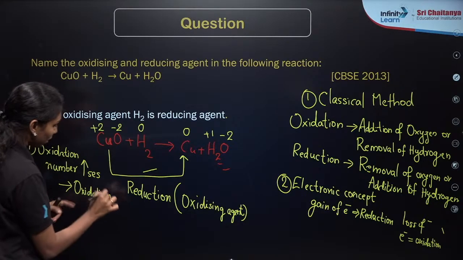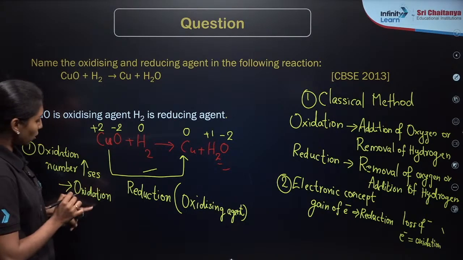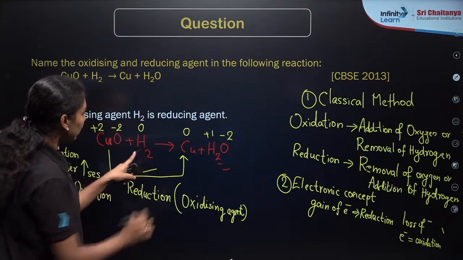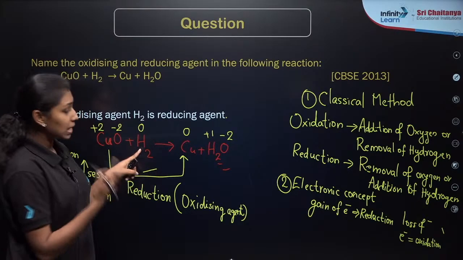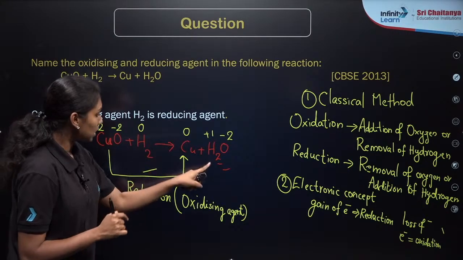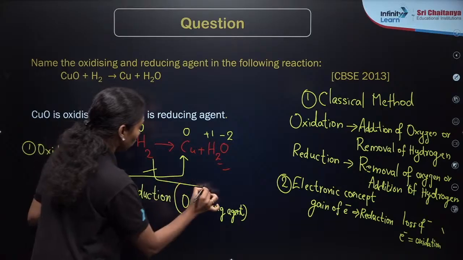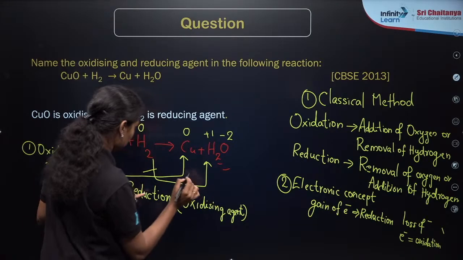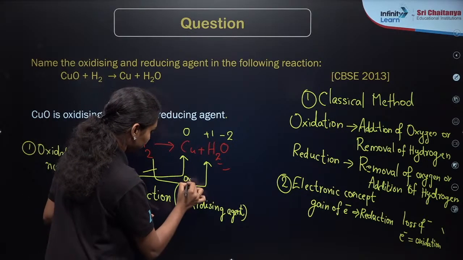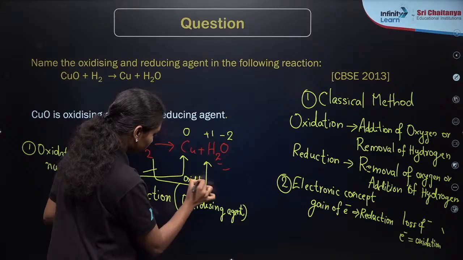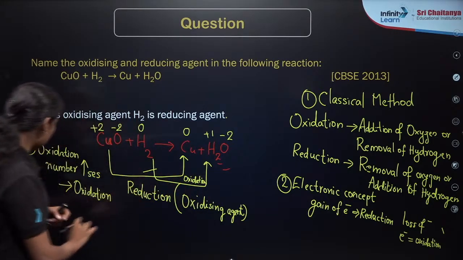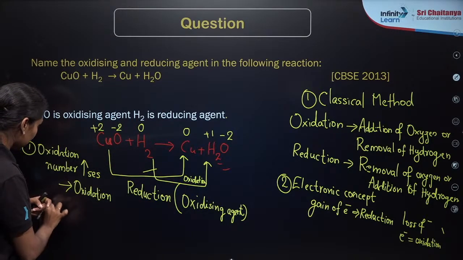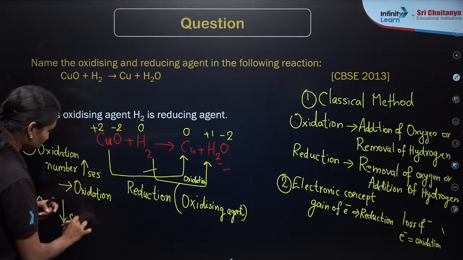So which one will be having the oxidation over here? It will be seen that hydrogen changes its oxidation number from 0 to +1, which means that oxidation is happening, right? So if the oxidation number decreases, that will be reduction.